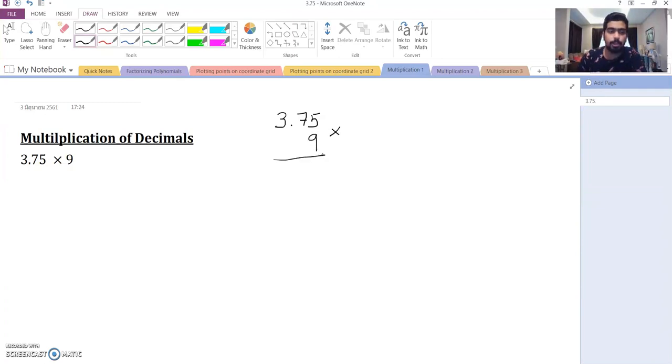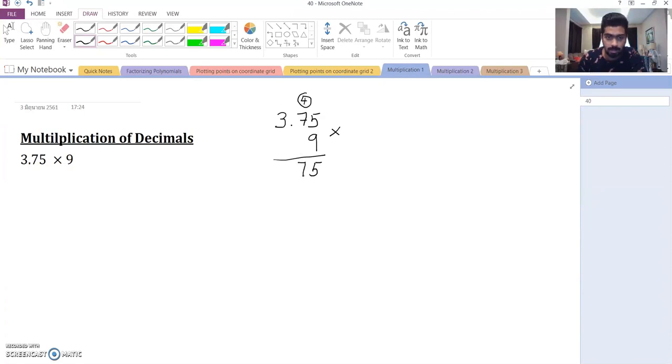Step number one, what we do is we do exactly how we multiply when we have no decimals. So we'll be multiplying 9 times 5. 9 times 5 is 45, so we put 5 down and we carry over 4. Next one, 9 times 7 is 63. 63 plus 4 is 67.